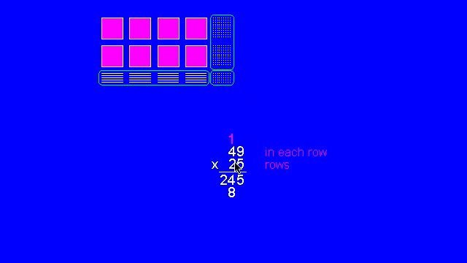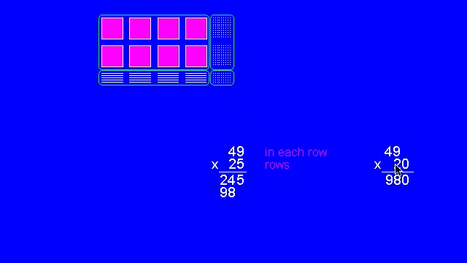And then we do 20 rows times 40 in a row. So these are tens times tens, and each group of 10 times 10 is 100. So 2 times 4 is 8, and the 100 carried before gives us 9 hundreds. So that accounts for those.